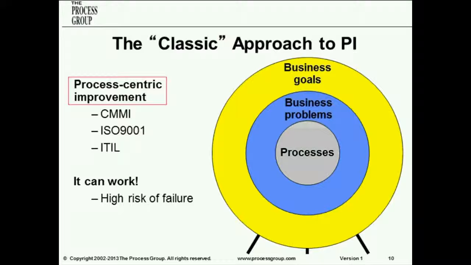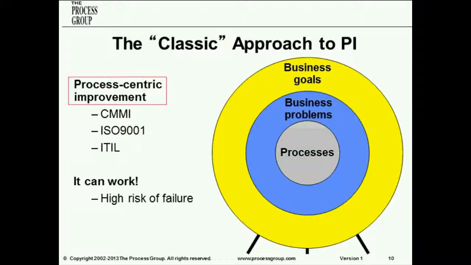So I wanted to start out with a view of the classic approach to how process improvement is typically done. In this diagram, we have in the target in the middle the processes that typically people would build as part of a standard or classical improvement program.